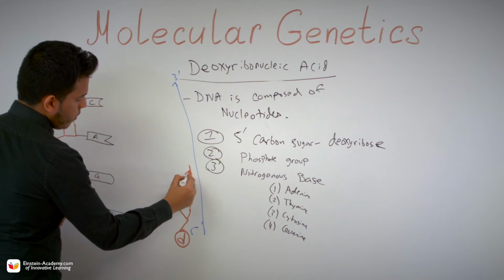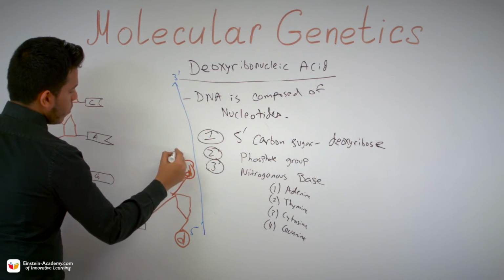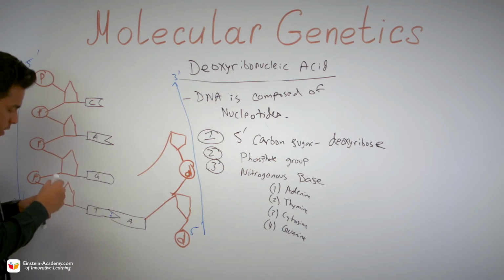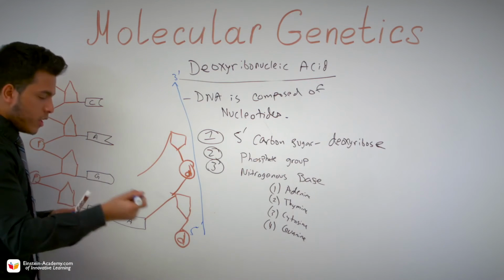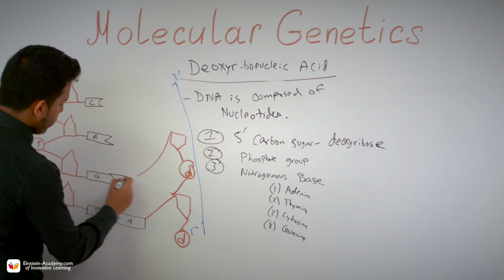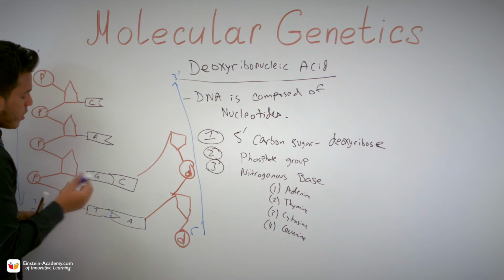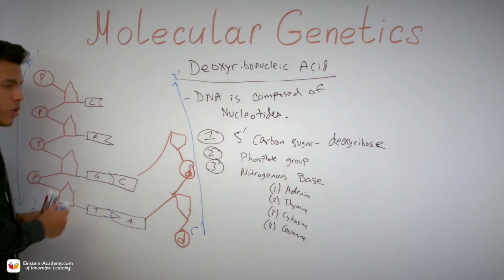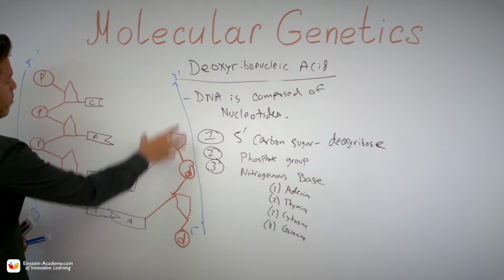Well, I'll have a backwards phosphate with a 5-carbon sugar. Connected. I know this diagram is very messy, but I'm just trying to prove a very simple point. Here's cytosine, and this cytosine is going to be connected with 3 hydrogen bonds, and so on, and so on. You get the entire picture.